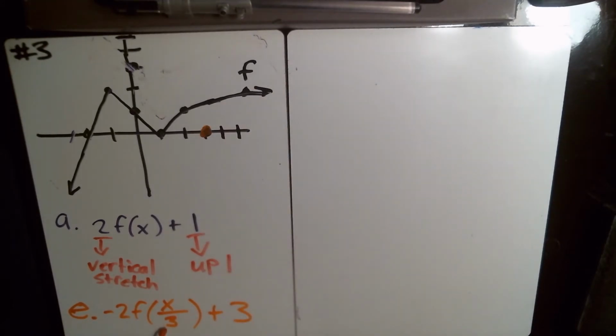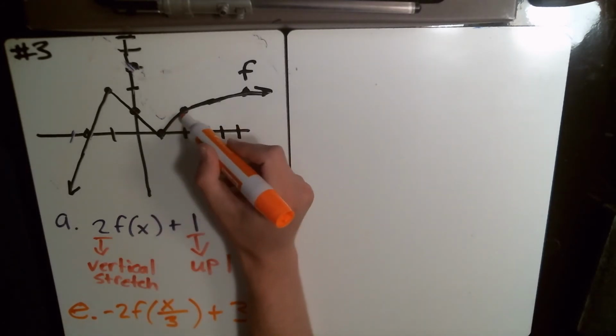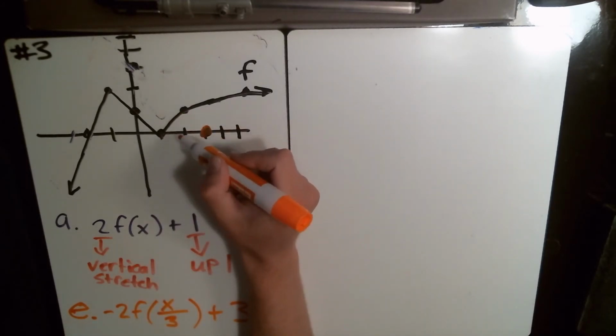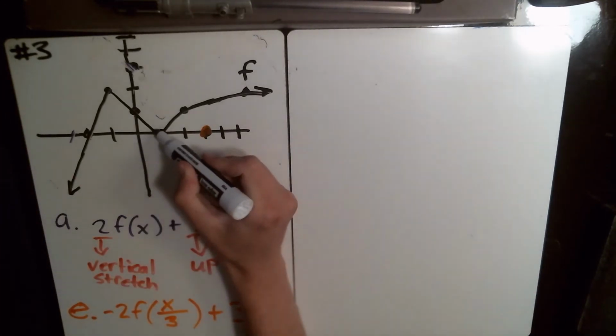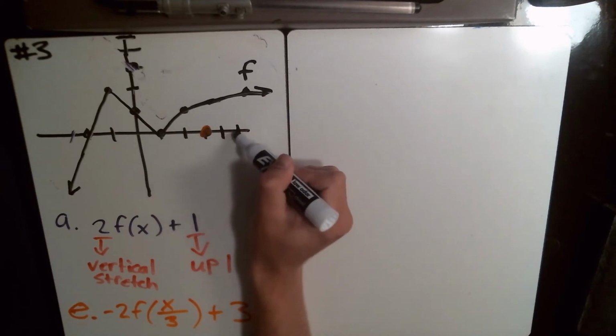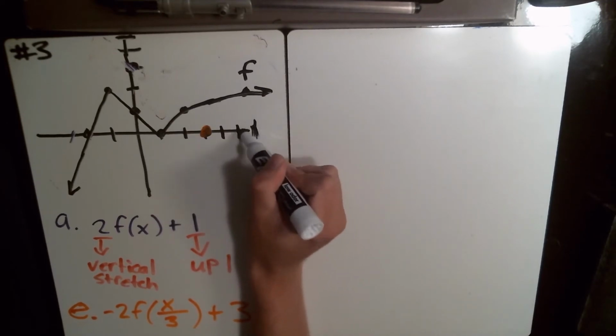And normally what you want to do with this is you start inside the function next to the x, and then you work outwards from there. Okay? So let's see, this point happens at 2, so it's going to happen at 6 now. So 1, 2, 3, 4, 5, 6.